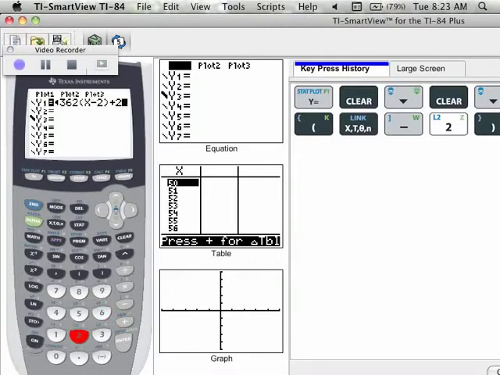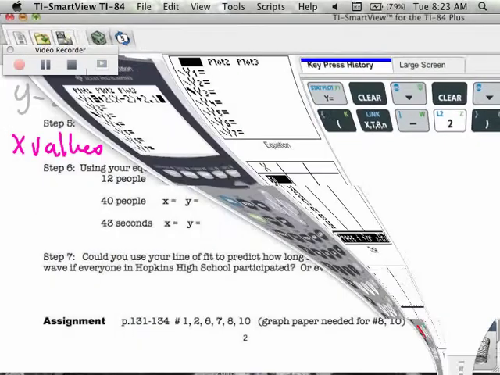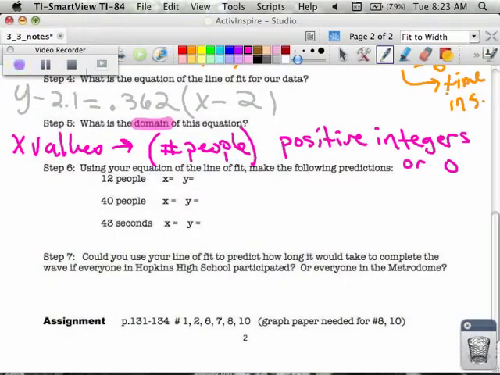And then I would have plus 2.1. So on our paper in step 4, we had the point-slope form of the line, but in order to put it in our calculator, we had to move that part of the point over to the other side so we could predict.